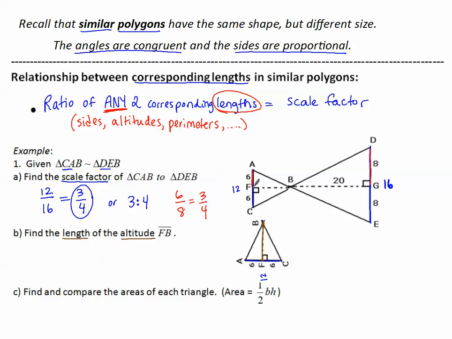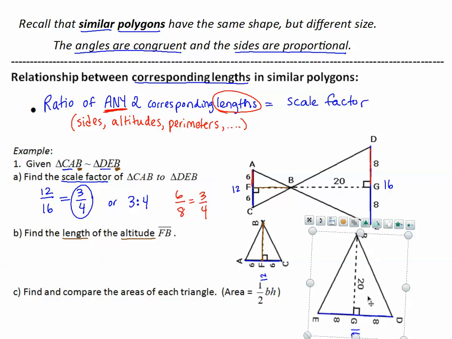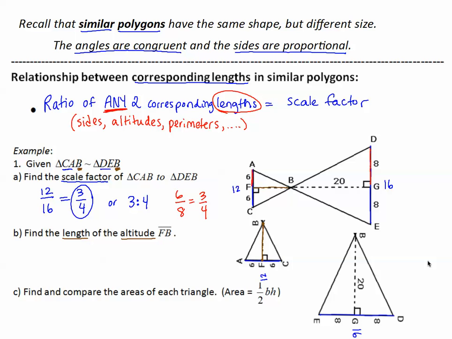Well, from F to B, notice that B is the corresponding angle. So from B straight down to its base, as if we were able to turn this triangle also on its side, then we can see that that is the altitude also of the larger triangle.